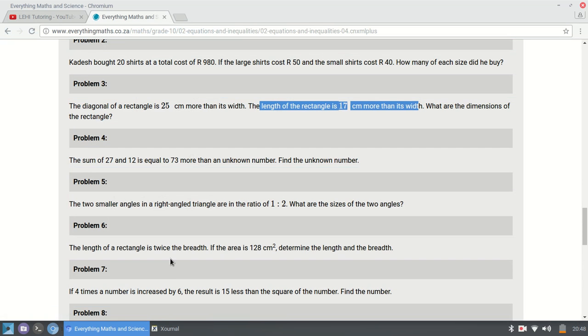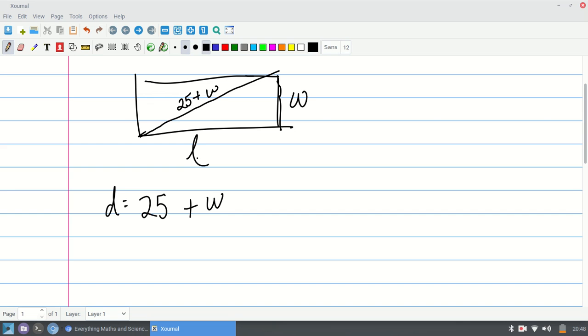The length itself is 17 centimeters more than its width, right? So in similar fashion, the length would be 17 plus W. Okay, and we've got a right angle triangle. Now what theorem combines these three quantities together into an equation? It's Pythagorean theorem, right?